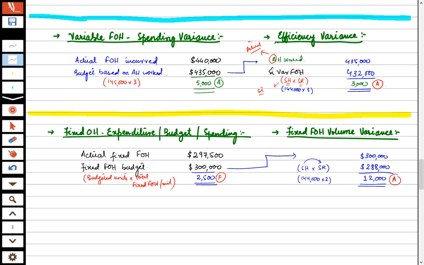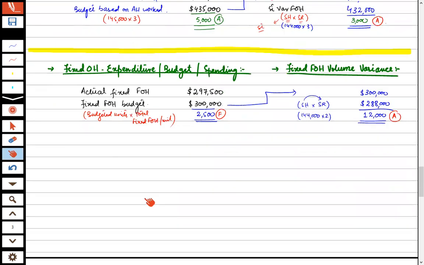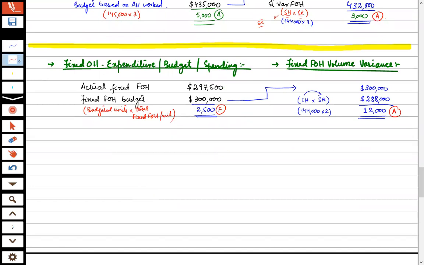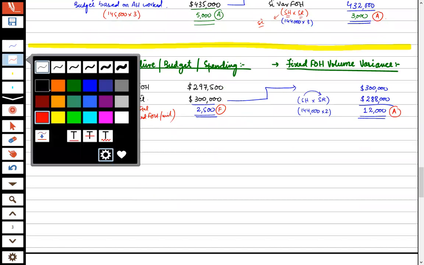Now, as we had discussed, this volume variance can be bifurcated, split into two more: the capacity variance and the efficiency variance. So we will look at how they are split into capacity and efficiency variance.